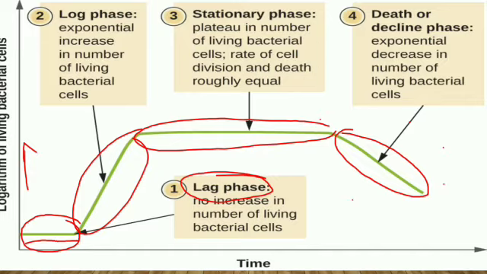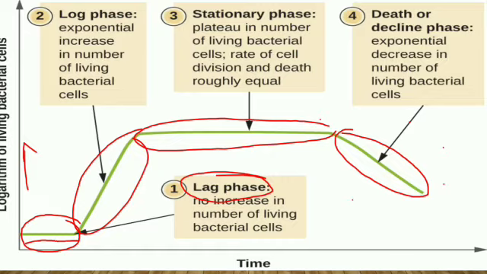Population size is parallel to the x-axis. Then the last one is the decline phase. Decline phase indicates more deaths than cell division. That is why the size of the population decreases here. So the fourth phase is called the death phase or decline phase.